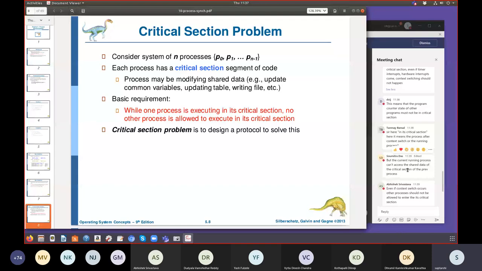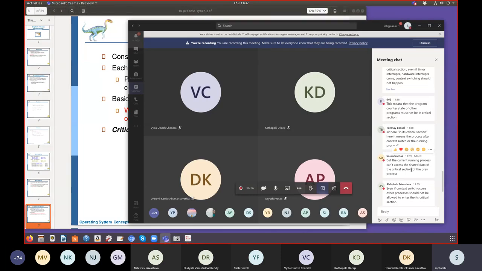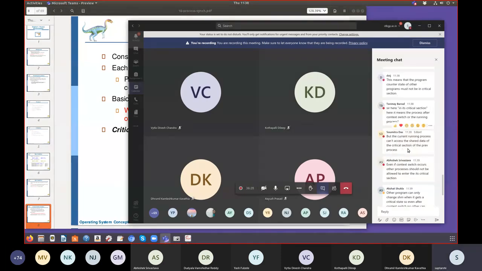I'll come back to the question I asked because it's important to understand. But I see some of you have some doubts. Soumitra is asking, but the current running process can't access the shared data of the critical section of the previous process? Why not? The data is shared, right?